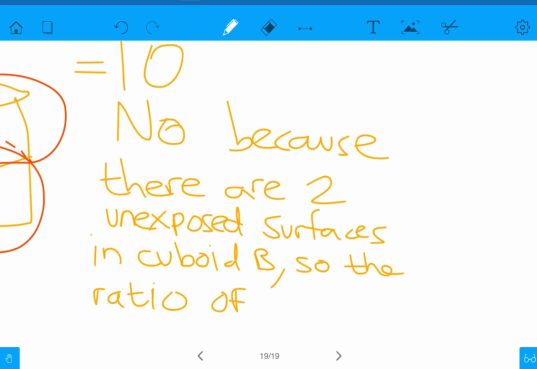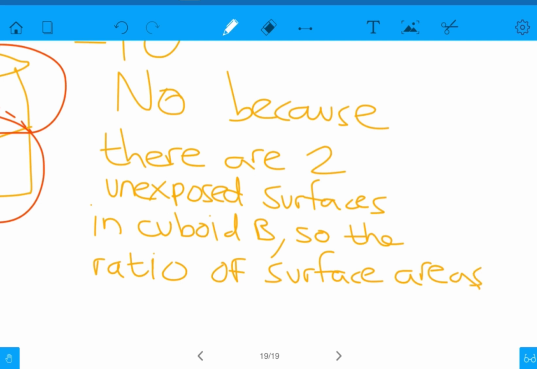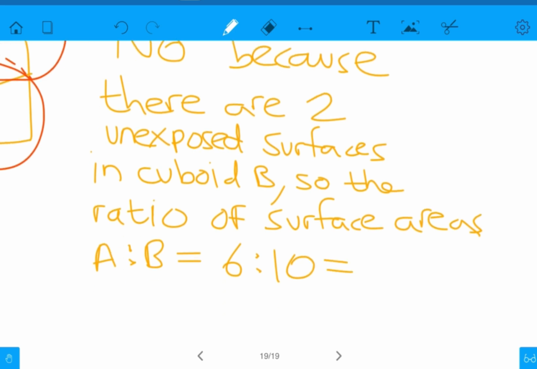The ratio of surface area A to B is 6 to 10, and we can simplify this further, which will be 3 to 5.